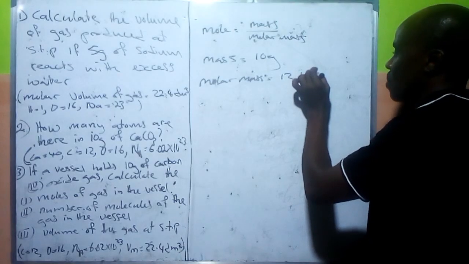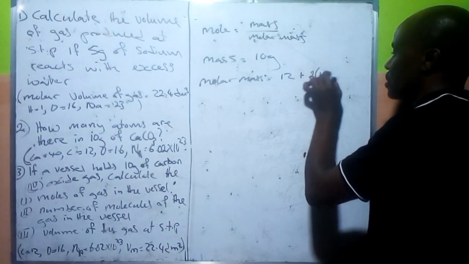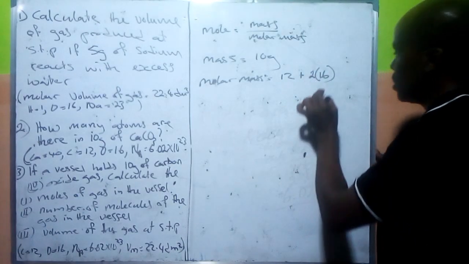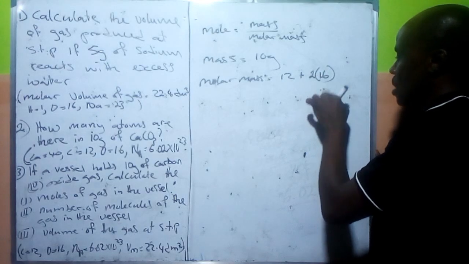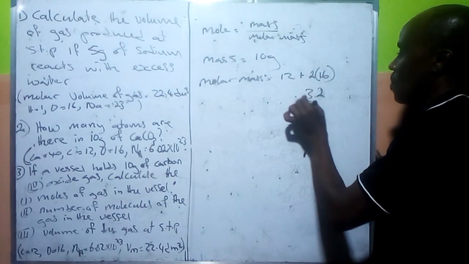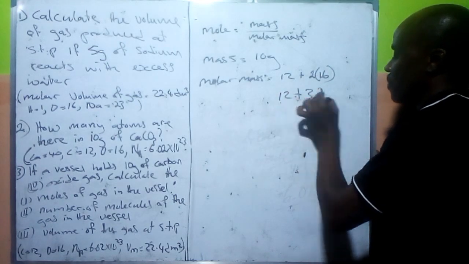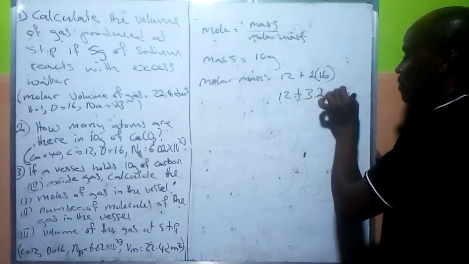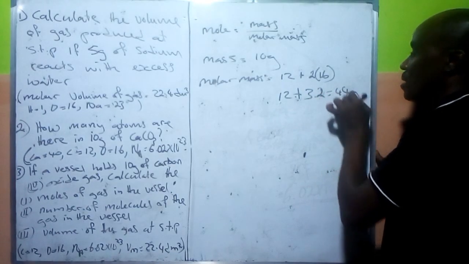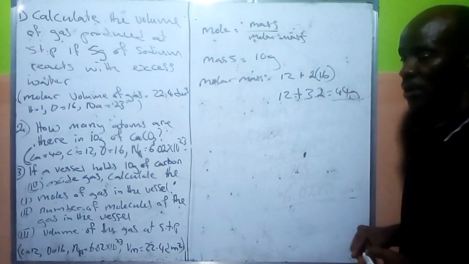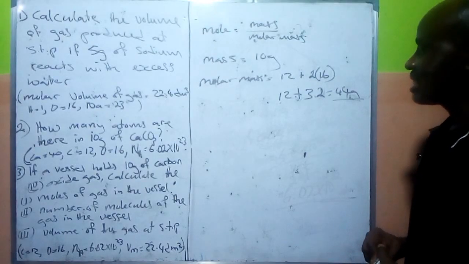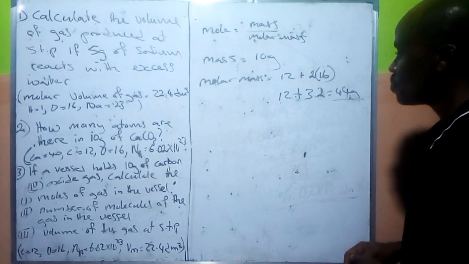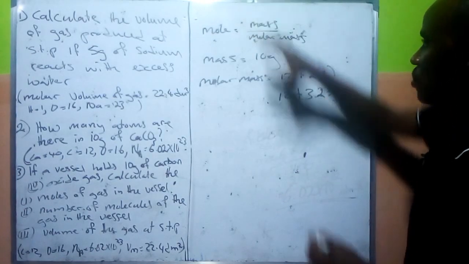What do we have there now? 2 bracket 16. So we have 12 plus 32, so we have 44.